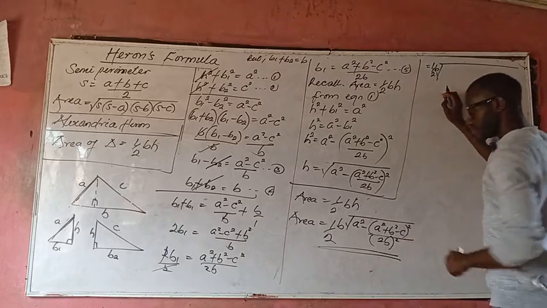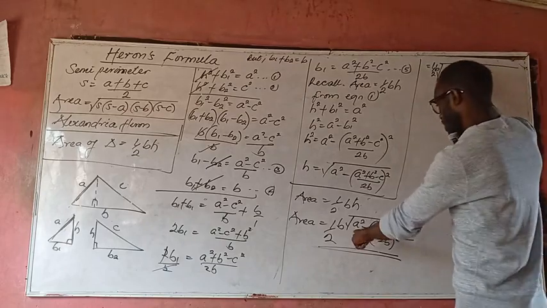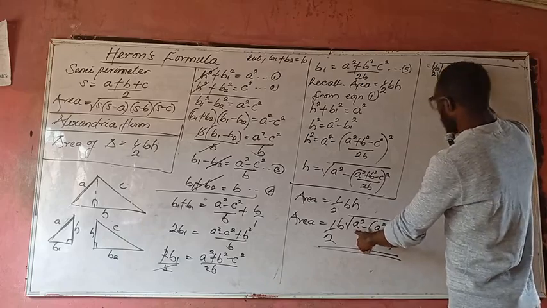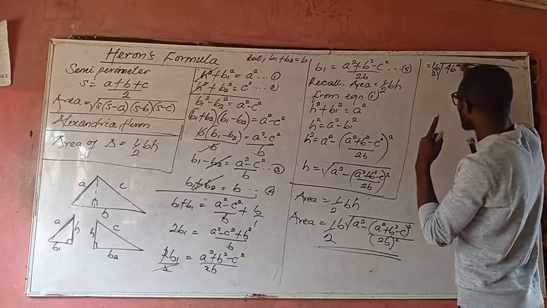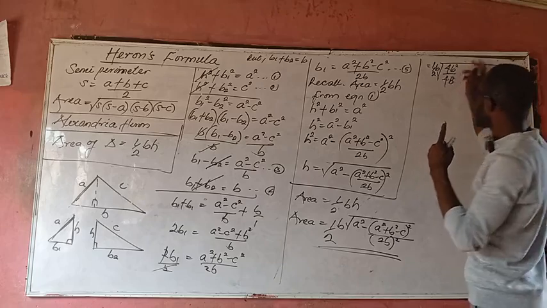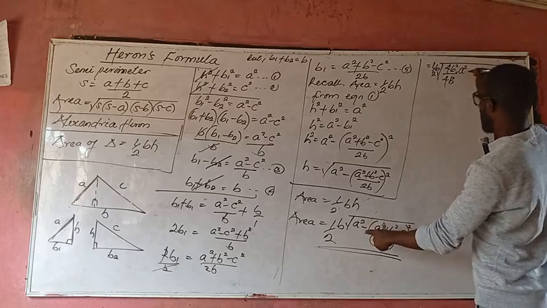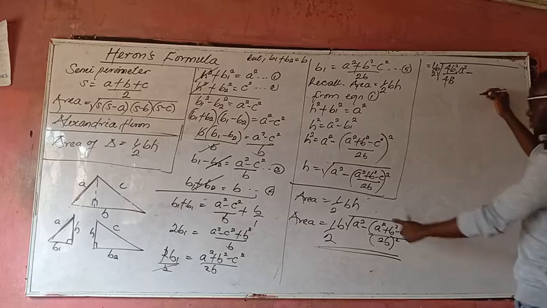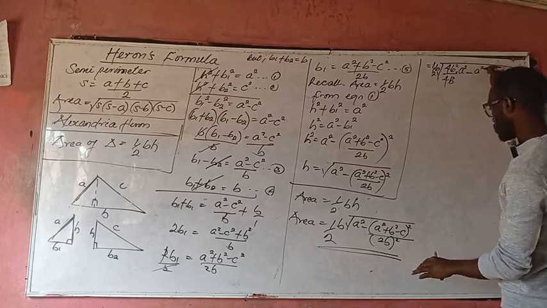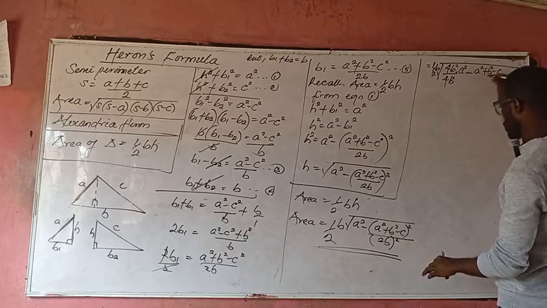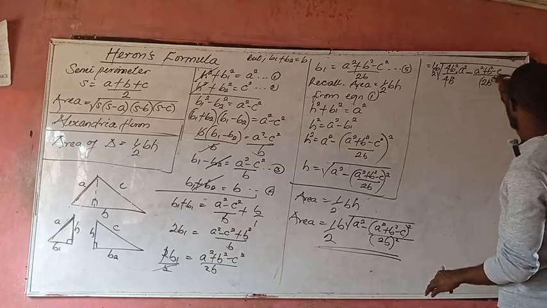Okay? What we'll do is we'll multiply this guy by 1, and that 1 will be 4B squared over 4B squared. This is 1, right? So times A squared minus, then this place is left alone, ((A squared + B squared - C squared) over 2B) all squared.